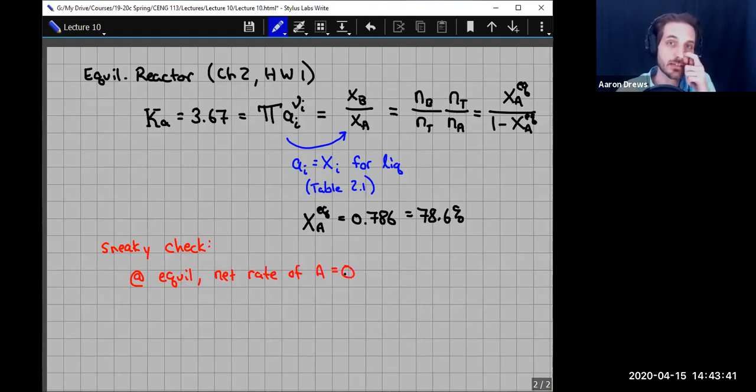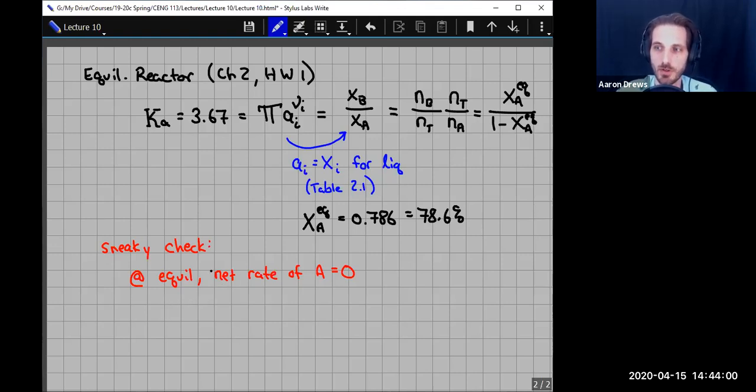Remember, it doesn't mean that forwards and reverse have stopped. It means that they're equal to each other, right? The rate at which we go forward is the same as the rate at which we go backwards, and therefore the net rate will be equal to 0. If the net rate is equal to 0, we can use that to calculate what the equilibrium composition would be.